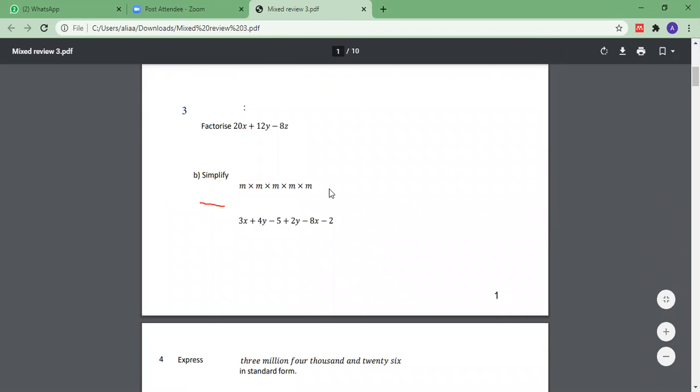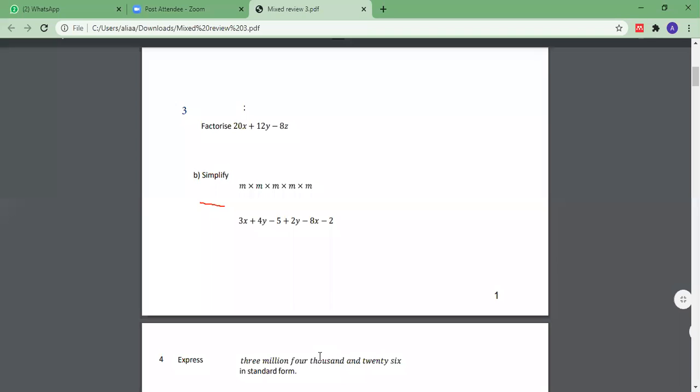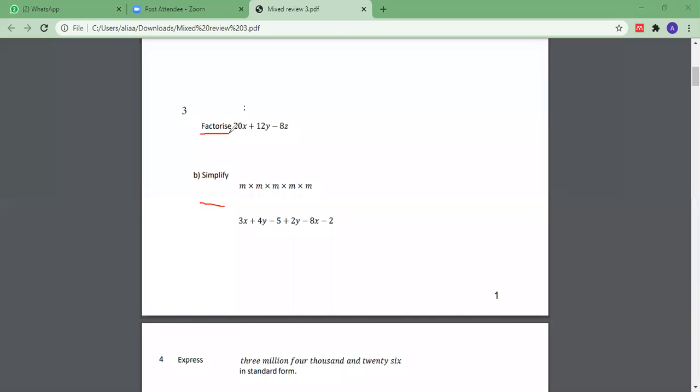Okay, and he's asking me to factorize here. 20x plus 12y minus 8z. The three numbers are in one table. Which table are they in? I guess it's table 4.